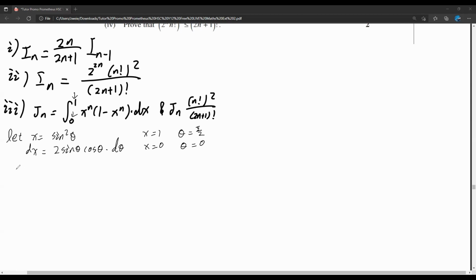Now, what we have is my Jn is going to equal the integral from 0 to pi on 2 of sine squared theta to the power of n, 1 minus sine squared theta to the power of n, and then changing my dx into my d theta, times 2 sine theta cos theta times d theta.